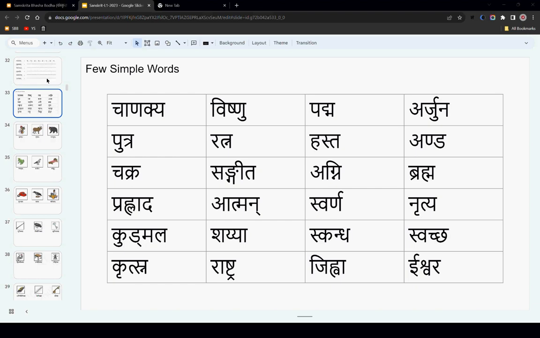Kudumal, Shaya, Skandha, Swacha, Krishna, Krishna, Rashtra, Jihva, Jivha, Ishvara.